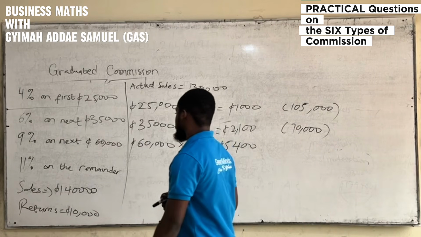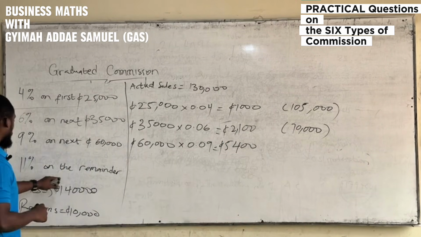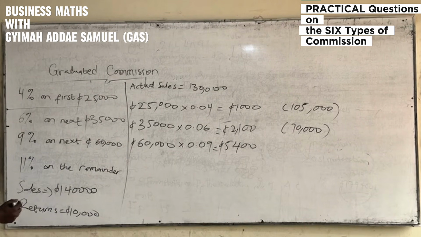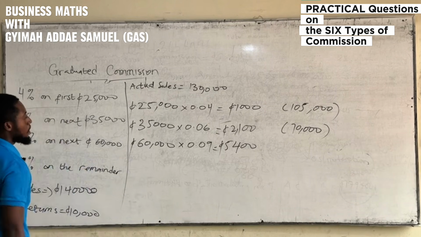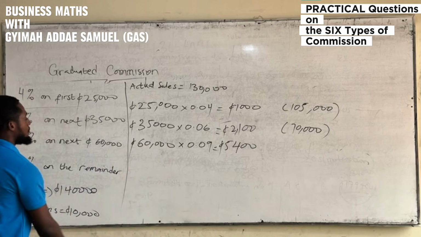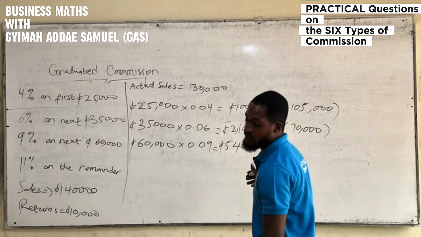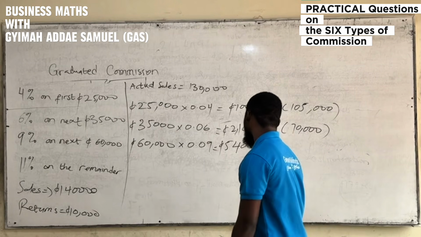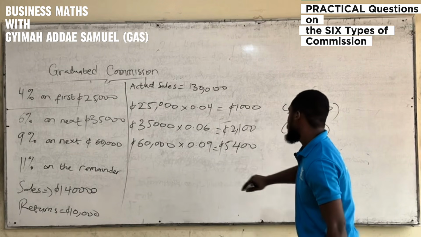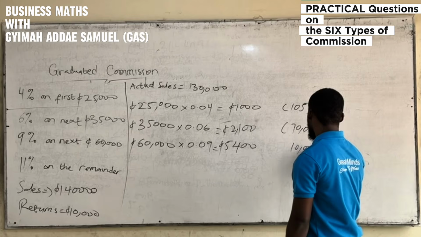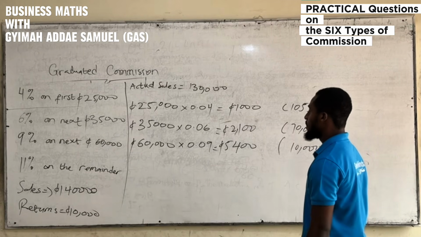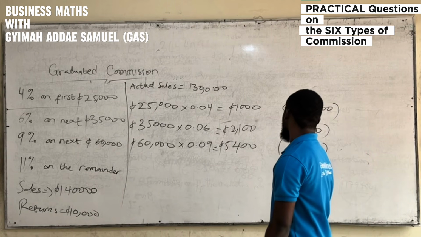So it says 11% on the remaining. So we would have to check if we are eligible of finding 11% of the remaining. So we subtract 60,000 from 70,000, and we are getting 10,000 Ghana cedis.